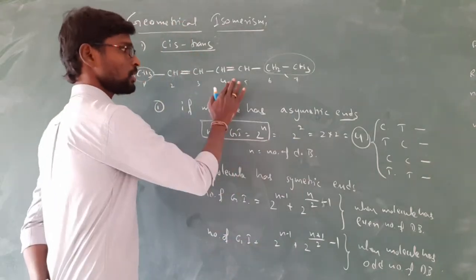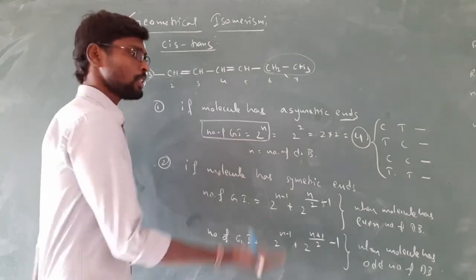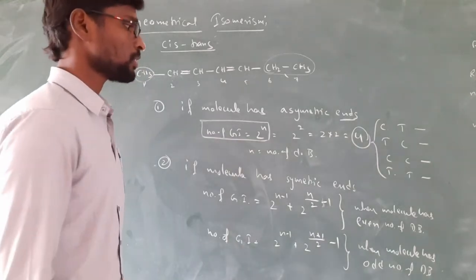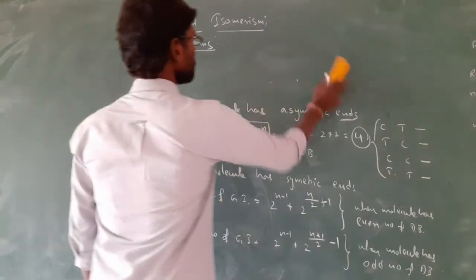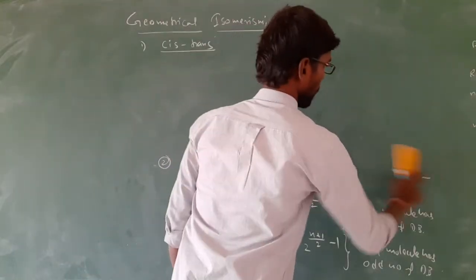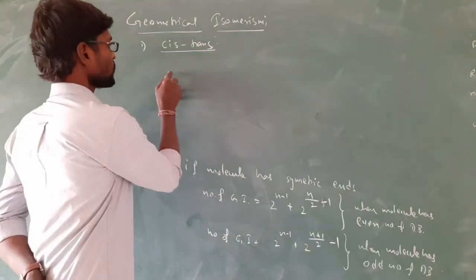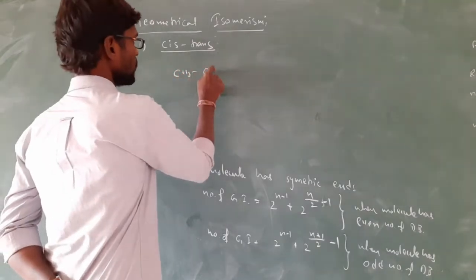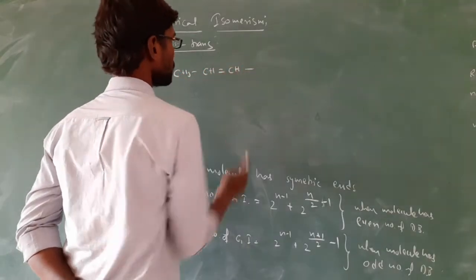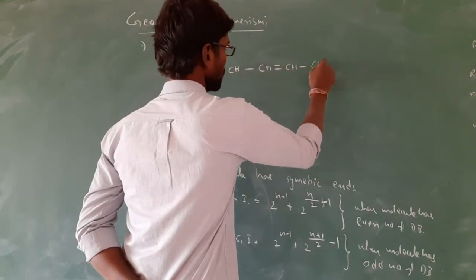So this is about the molecule in which asymmetric ends are present. Now we will check how these rules are applicable in an example with symmetric ends. I am taking one more example here: CH3, CH double bond, CH single bond, CH double bond, CH, CH3.